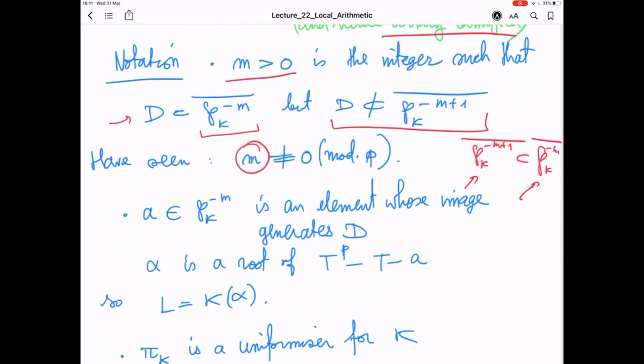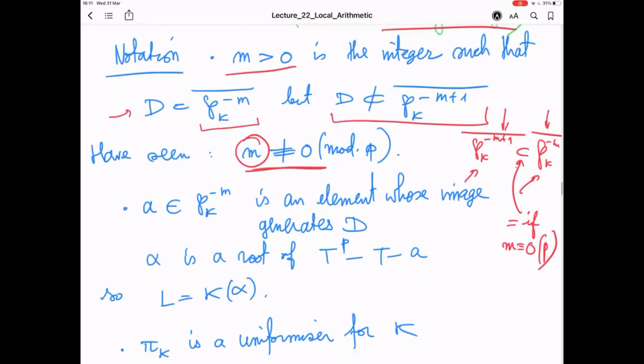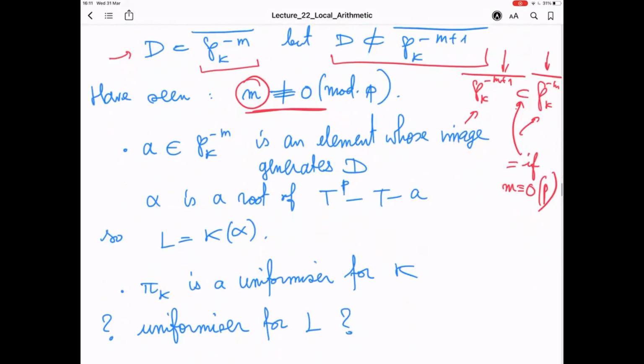What we have seen is that m then has to be prime to p, because if m is a power of p, then you have equality here, if m is divisible by p, right? But if there's a line which is contained here but not contained here, then you can't have equality, and therefore m will have to be prime to p. And then I take an element a in this ℘_K^{-m}.